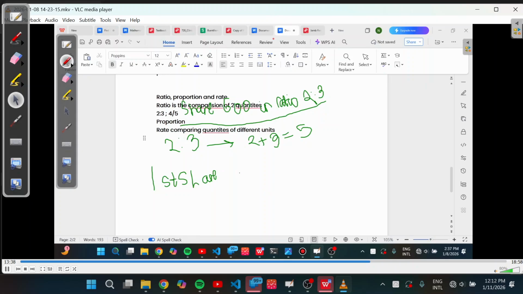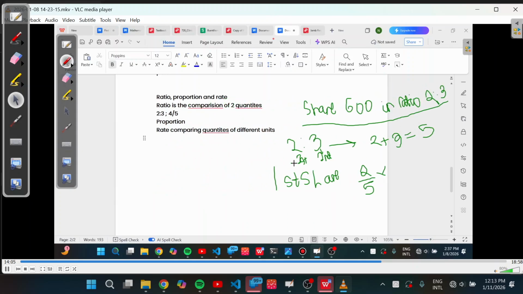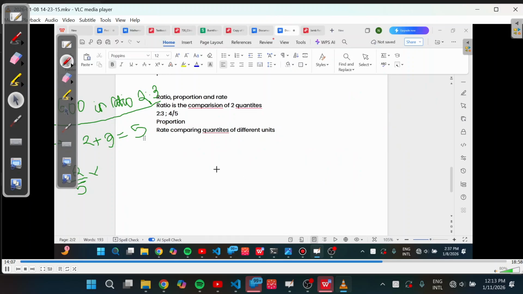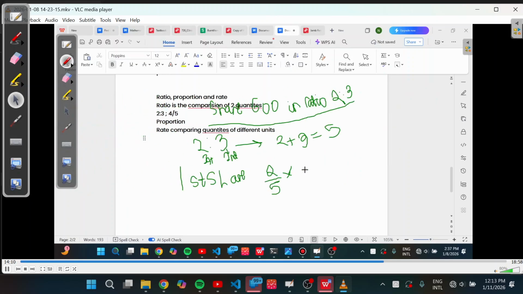We're going to take the 2, because the first share here is 2, then we have ratio 3, okay? So the first share is 2, and the second share is 3. So we take the 2, because it's all over 5, and then multiply it by 600. So that will give you the first share. So 2 over 5 multiplied by 600. That will give you the first share.